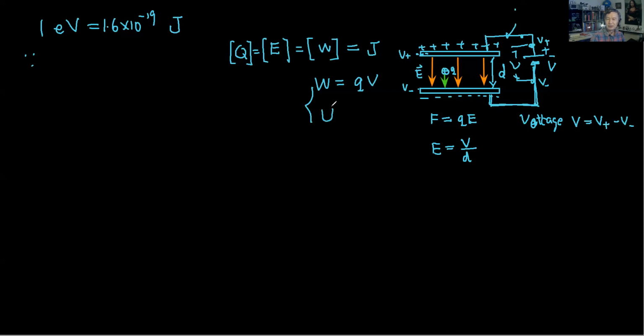Sometimes they use U. That's right, in this case it was U. So the potential energy difference is equal to QV. That's potential energy. Okay. So this is work. This is the electrical potential energy.